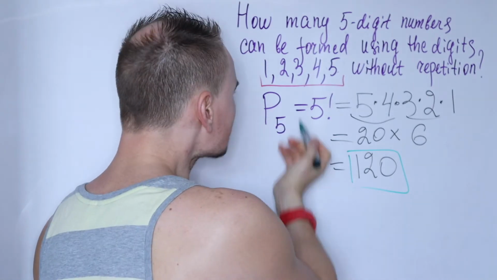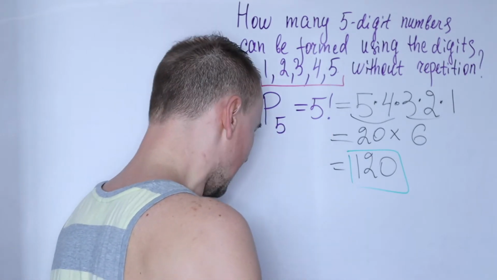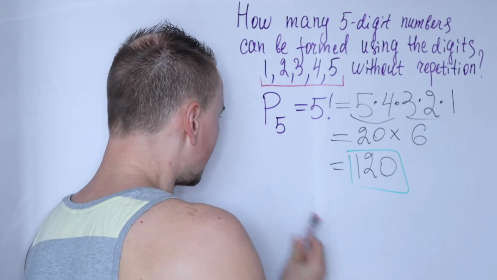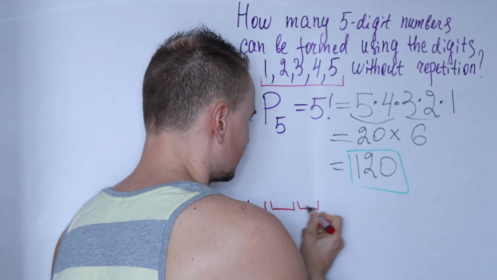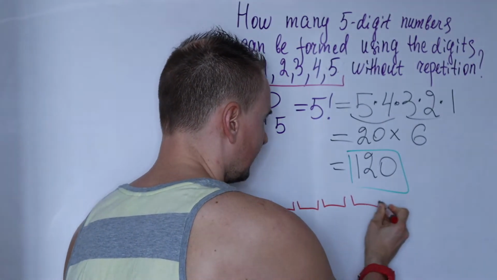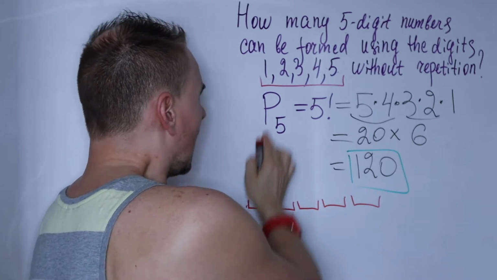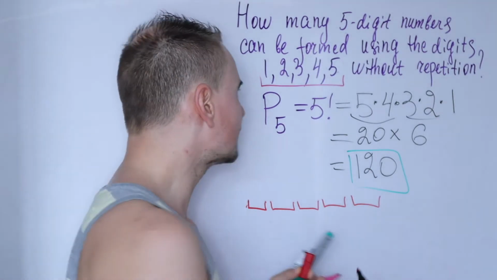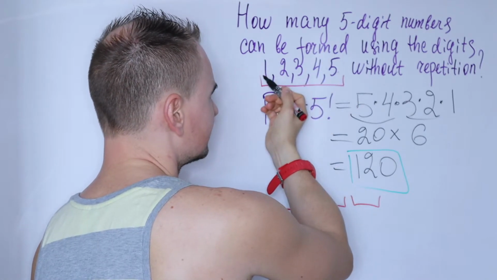Now, since I have to come up with a 5-digit number, all I need to do is use these slots. So I have 5 slots: 1, 2, 3, 4, 5. Now, for the first place, I have 5 digits to be taken into consideration. I could choose any of these digits.